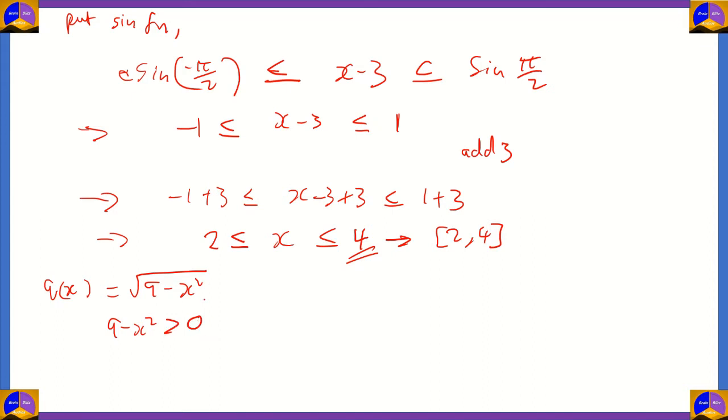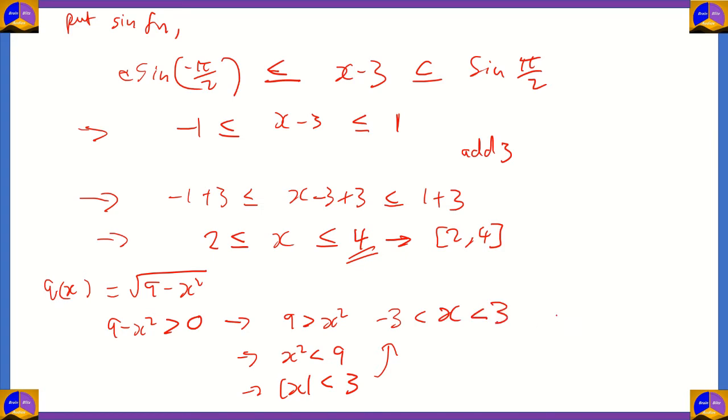So 9 is greater than x squared, so x squared is less than 9, so mod of x is less than 3. If mod of x is less than 3, then you have minus 3 less than x less than 3 as the relation. So you get an open interval of minus 3 to plus 3.